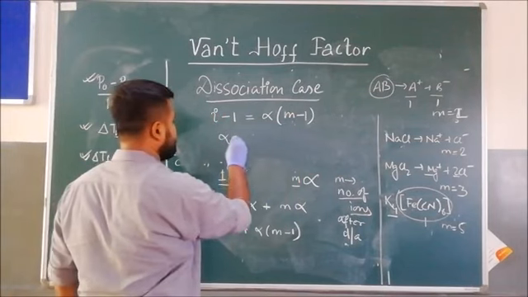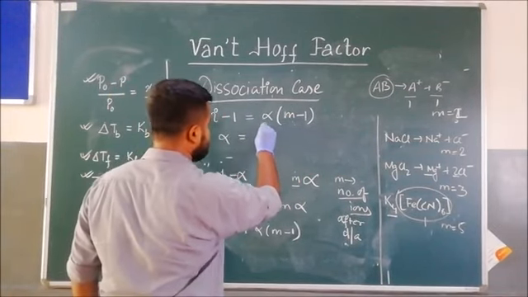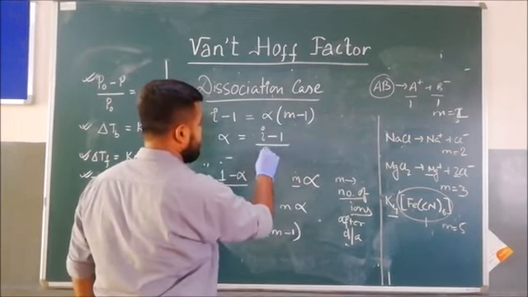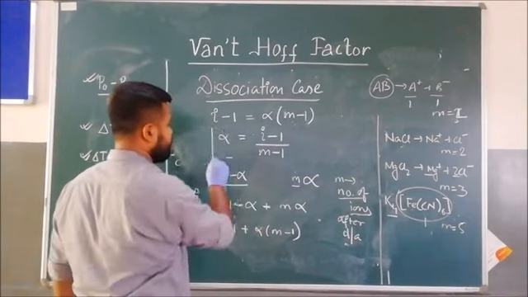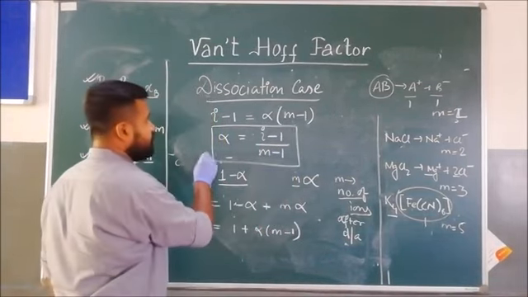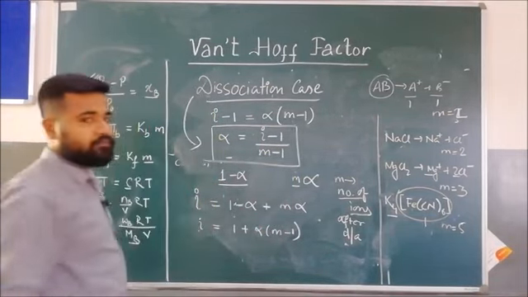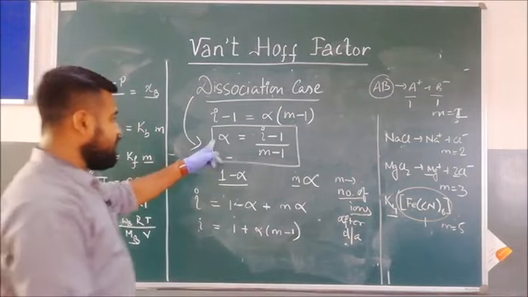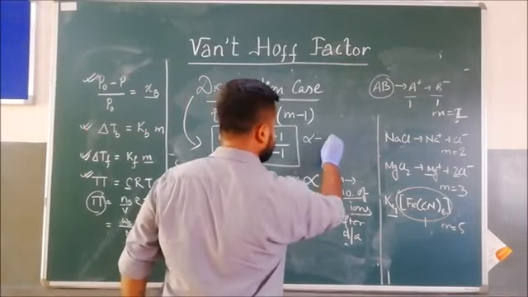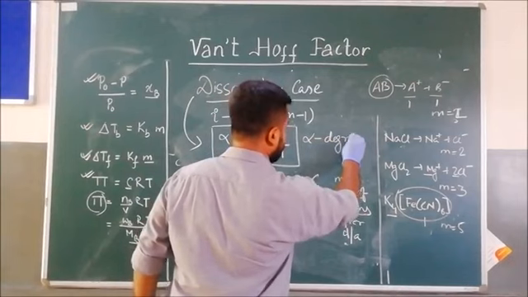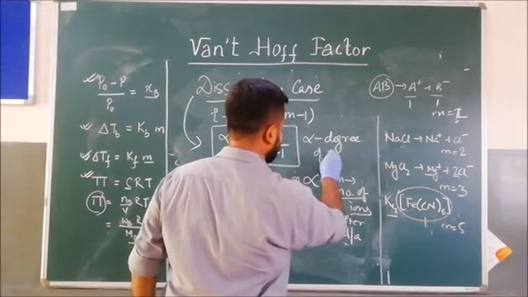So alpha can be written as (i minus 1) by (m minus 1). So this is the formula for dissociation, and this alpha is called the degree of dissociation.